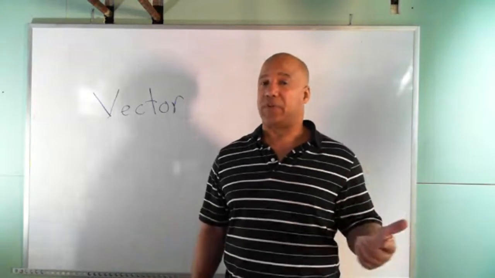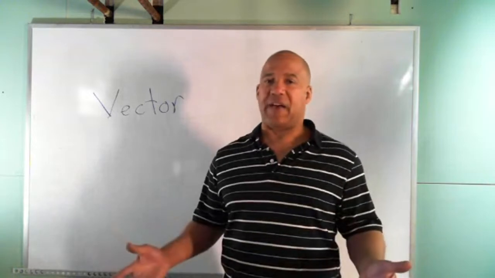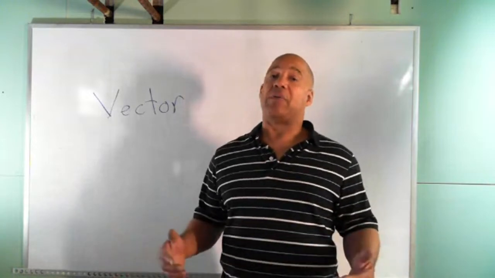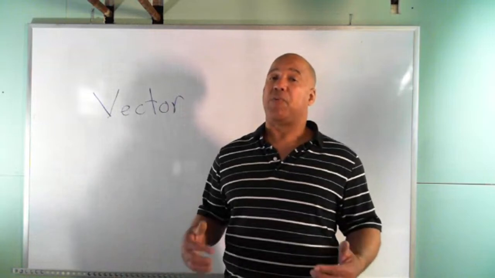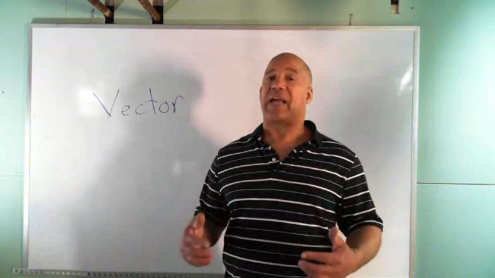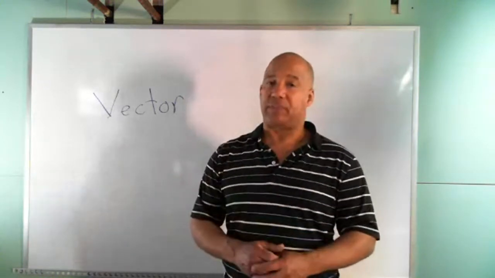Like, for instance, temperature is a scalar. It might be 65 degrees outside. You only need the 65 to represent the temperature. But if I was talking about velocity, velocity is actually a vector. To properly state velocity, you need to say how fast something is going and in what direction.